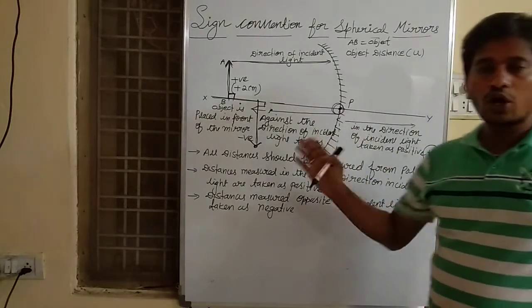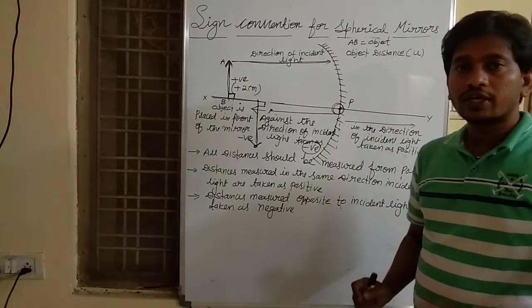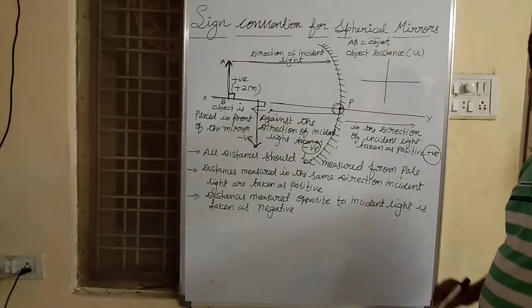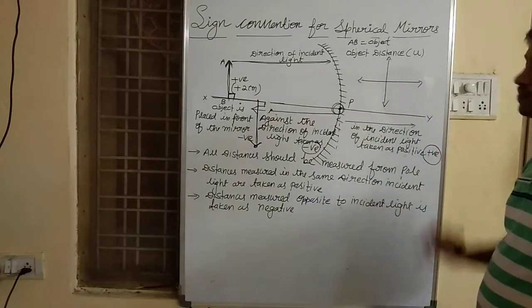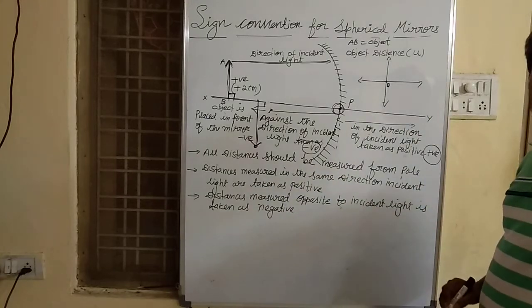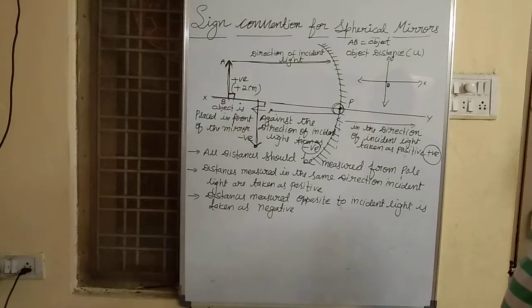How to remember all these points? I can say in one simple shortcut. As we know, this is our Cartesian plane. This is called our origin, this is the x-axis and this is our y-axis.